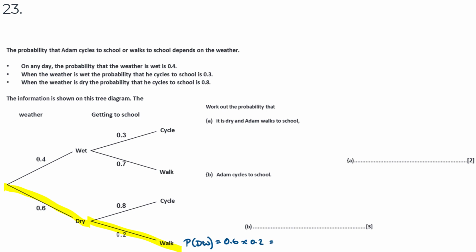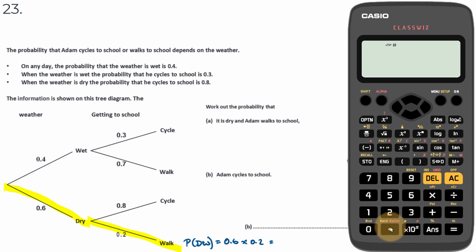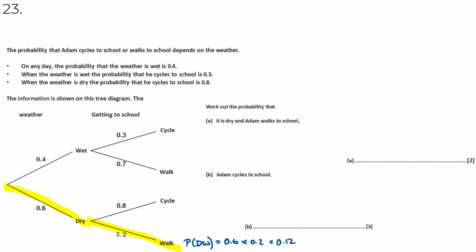We just need to multiply down that diagonal. 0.6 times 0.2 comes out to be 3/25. I'm going to write it as a decimal. That comes out to be 0.12.